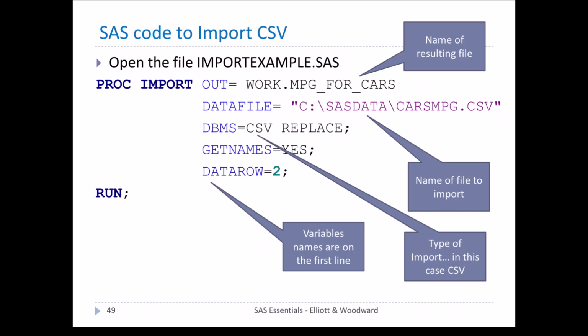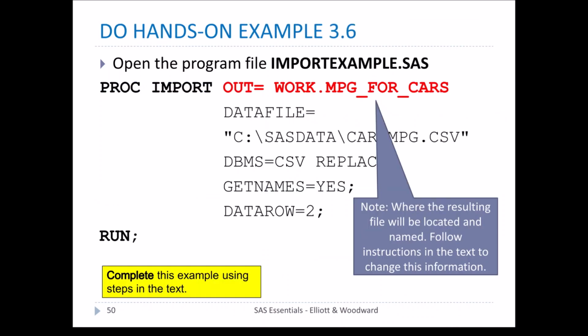Getnames equal yes means that the names are on the first row. Typically, again, we want to do that because it makes it much easier for us. And then datarow equal 2 says that the data begins on the second line. So if we run that, then it's going to read in the data and give us the output we saw a little earlier.